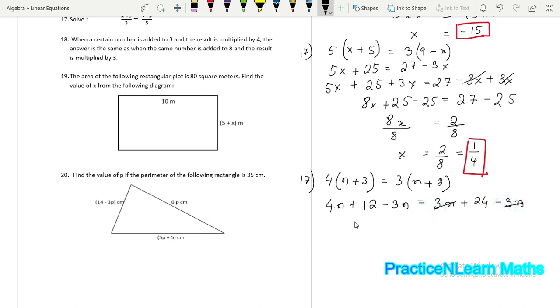We get n plus 12 is equal to 24. And we subtract 12 from both sides. We get n is equal to 12. And that's the answer.